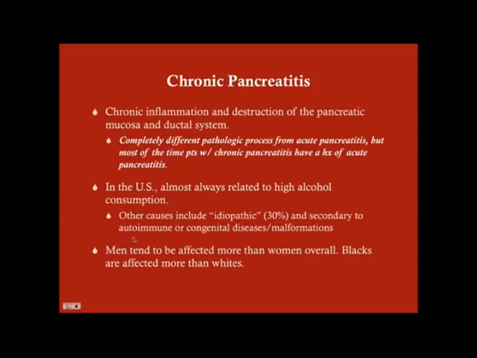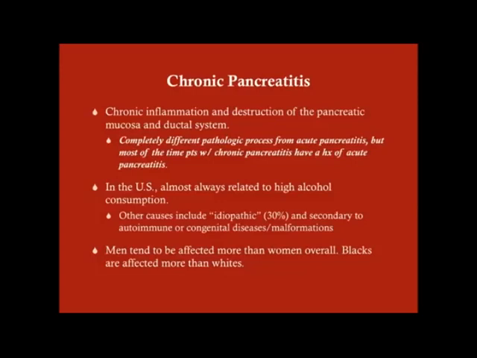Most prominent of those, cystic fibrosis, I would say also the autoimmune pancreatitis, which can present with primary biliary cirrhosis, primary sclerosing cholangitis, Sjogren's syndrome, or it can present entirely on its own.